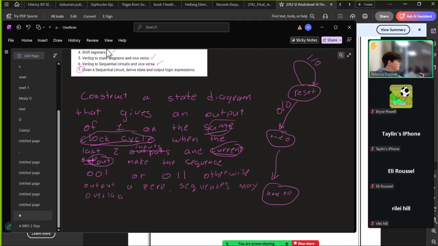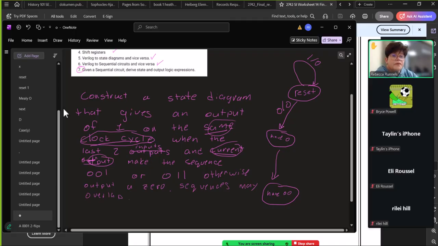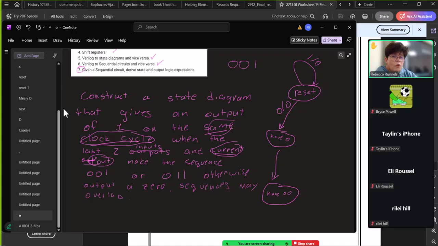Like let's say I was trying to detect... I can't think of it. It will probably come up as we do this. There will probably be at least one that doesn't go back to itself.